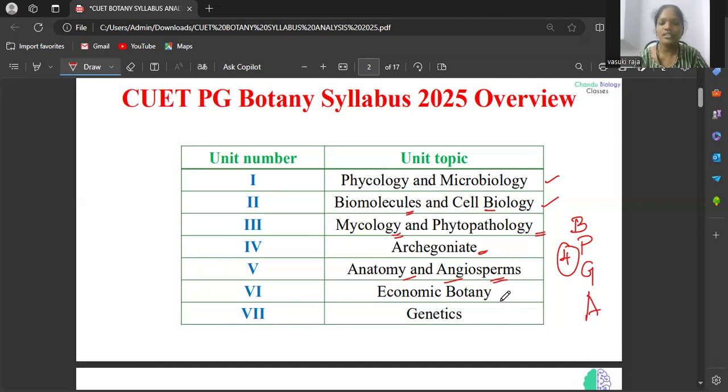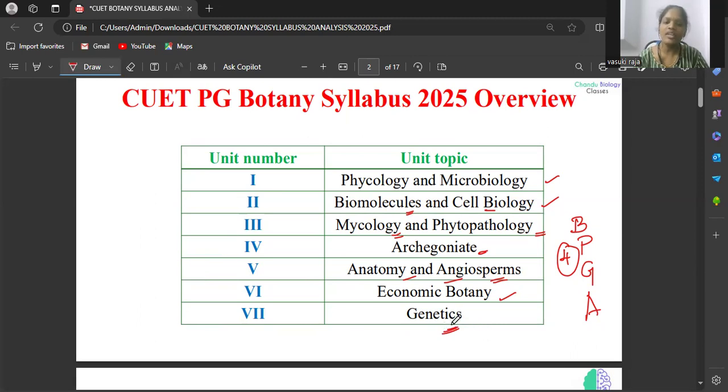In unit 6, they have given economic botany: how plants are involved in the economy, how they are used in medicine, and how they are used in horticulture and ornaments. Unit 7 is related to genetics.